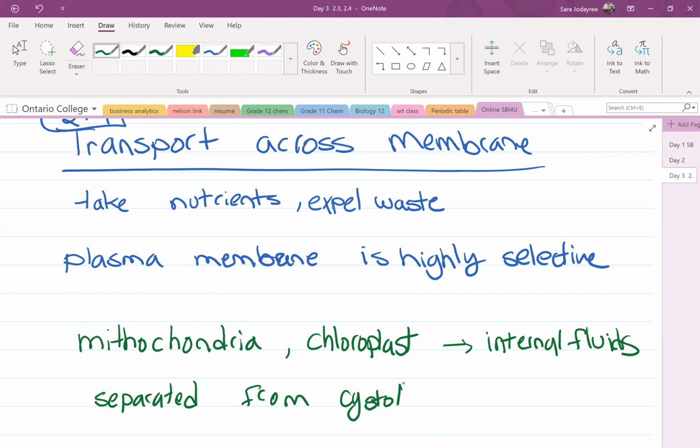So for this reaction to occur, reactants must enter the organelle while products are permitted to leave.